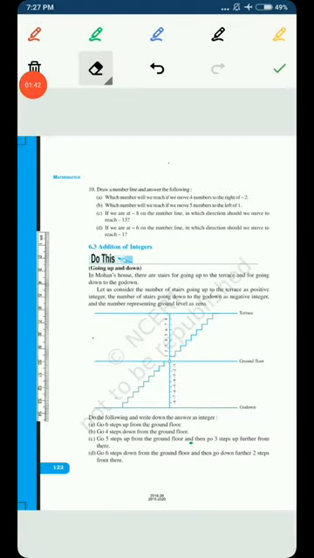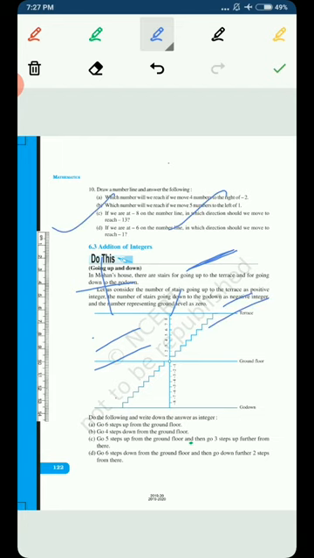So one important thing is the symbols, the symbol of plus and the symbol of minus. These two symbols are going to play a very important role.